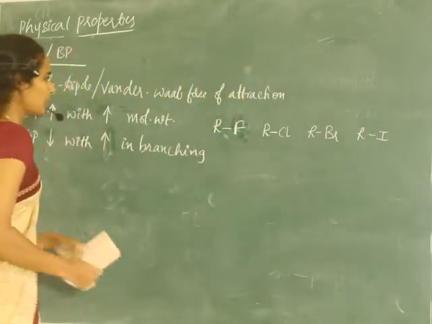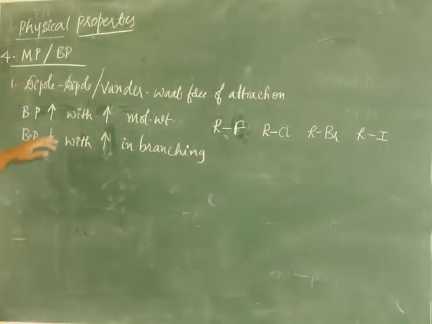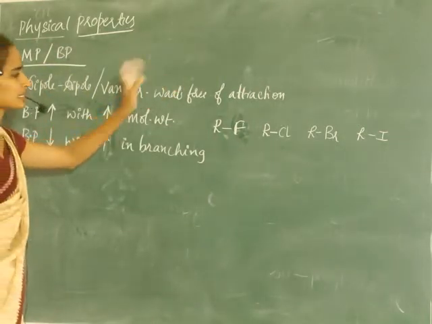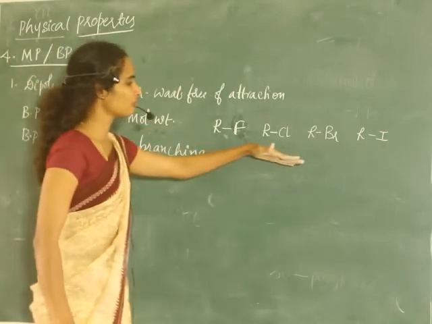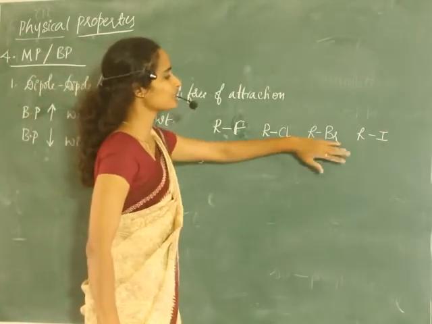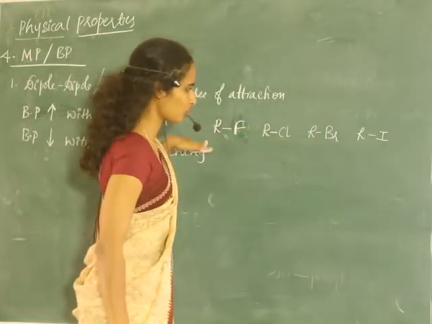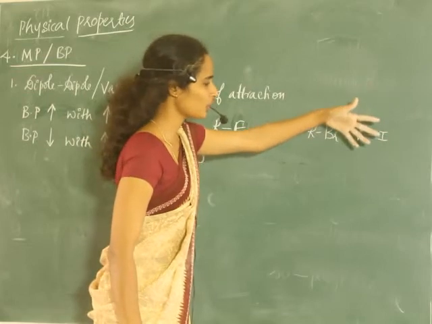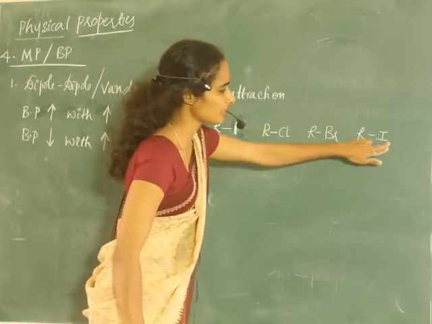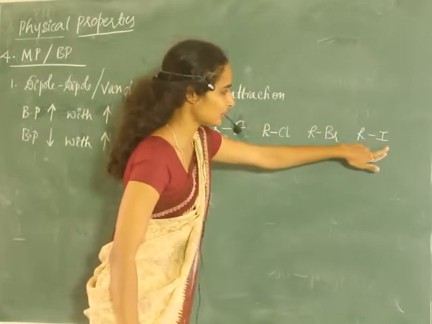According to this, boiling point increases with increase in molecular weight. Which one shows the greatest molecular weight out of these compounds? The alkyl iodide shows the greatest molecular weight because of the presence of iodine.